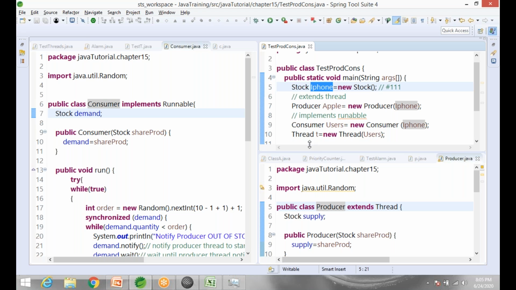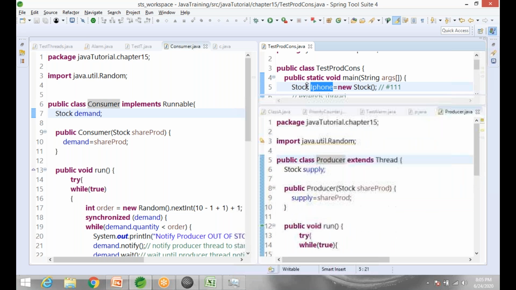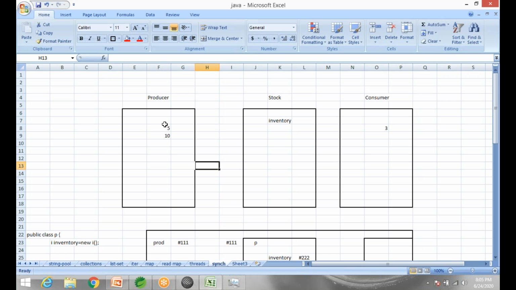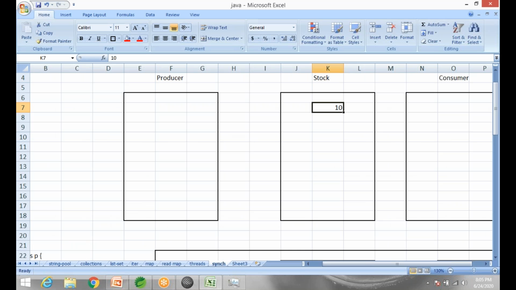Okay. All right, so let's look at the traditional producer consumer scenario. A perfect balance between producer and consumer is something like this. You have 10 iPhones in stock.